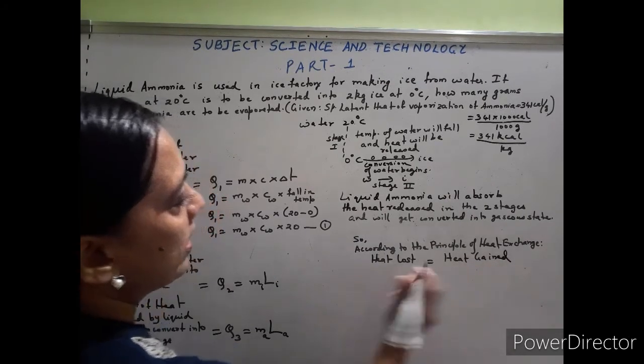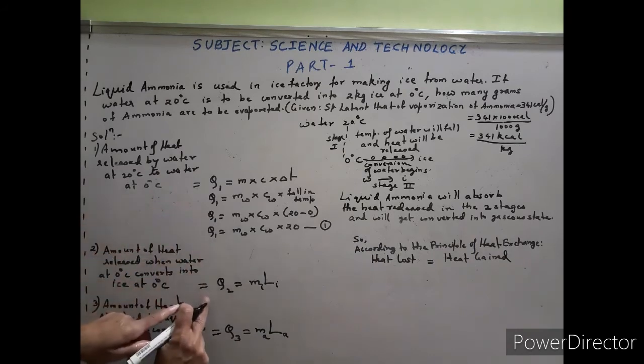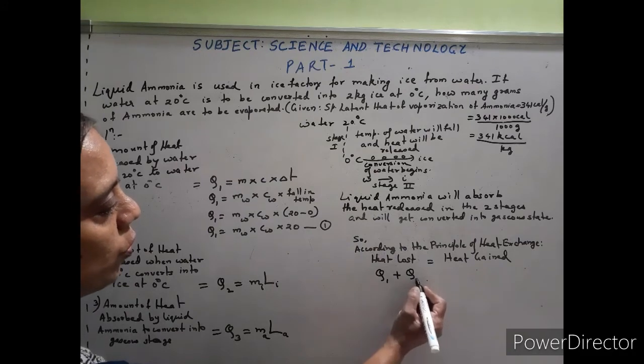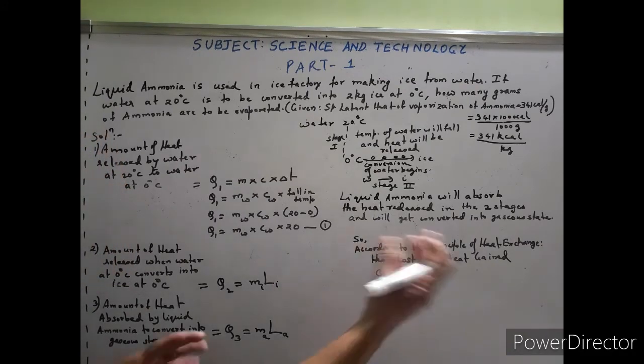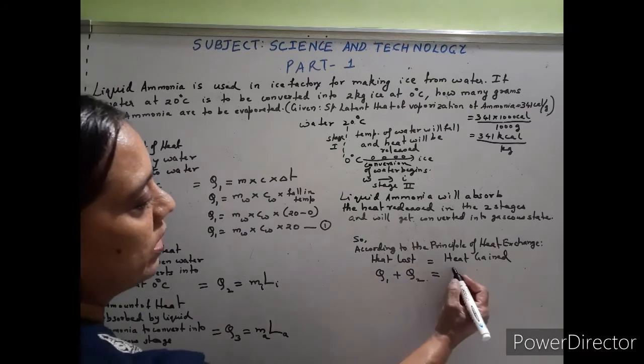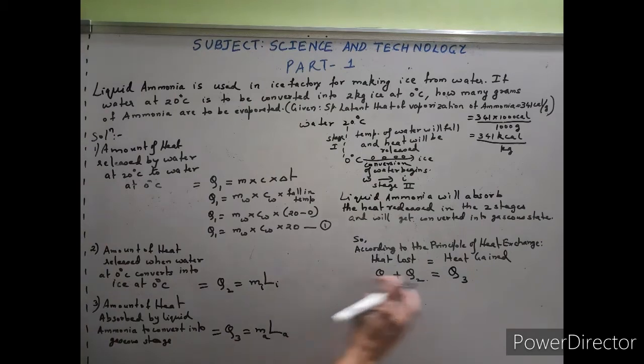So heat lost, two things here, heat is being released and here heat is being released. So Q1 plus Q2 will be equal to heat gained, here heat is being absorbed. So Q1 plus Q2 is equal to Q3. This will be the formula that will be formed.